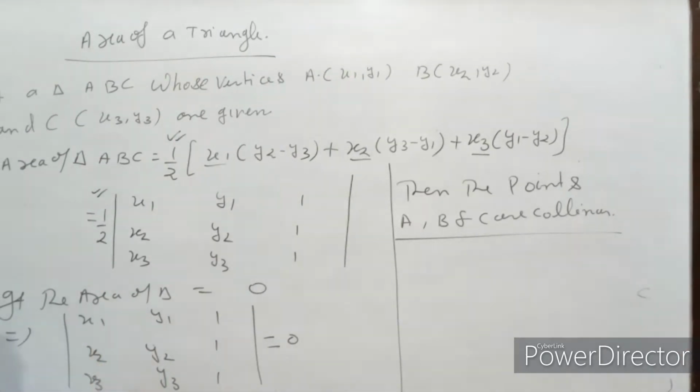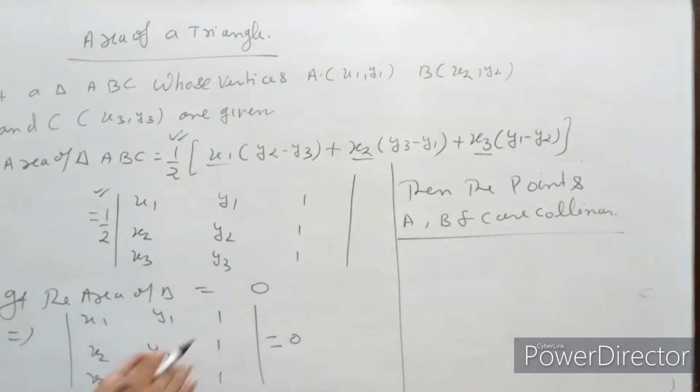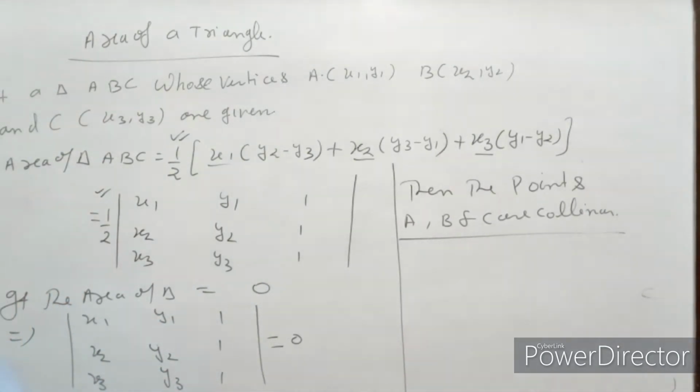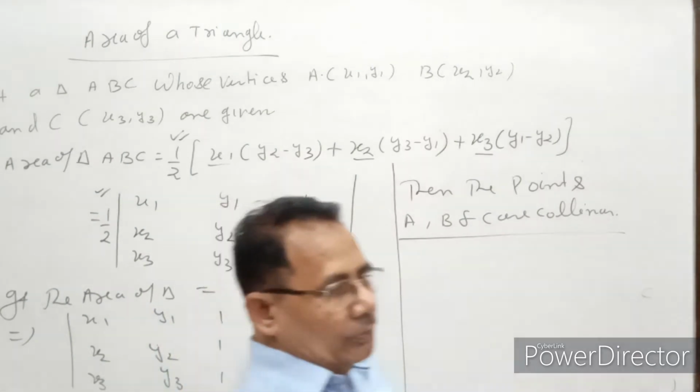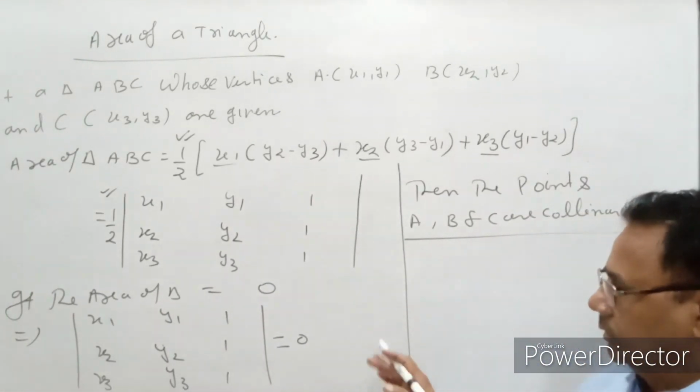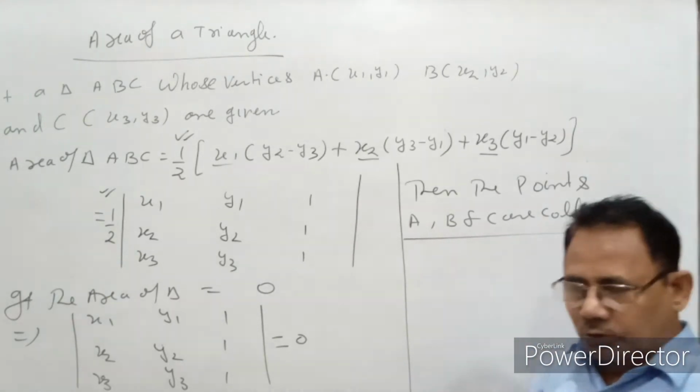If the value of this determinant is equal to 0, then we say these 3 points are collinear. But if the value of this determinant is not equal to 0, then we say these 3 points are non-collinear.